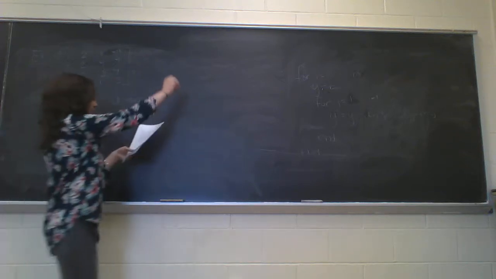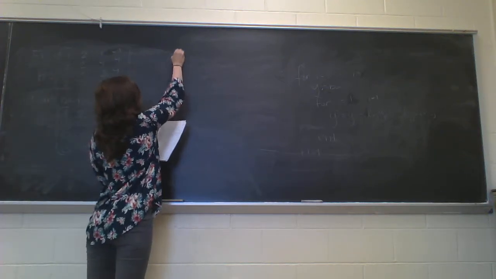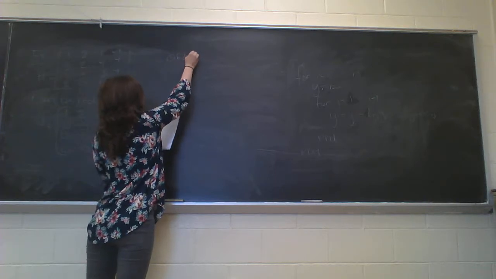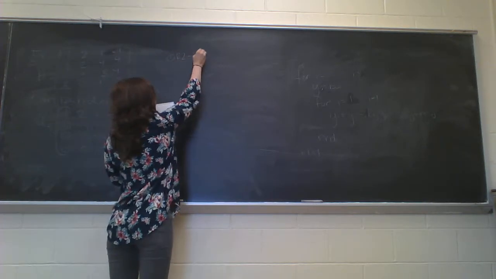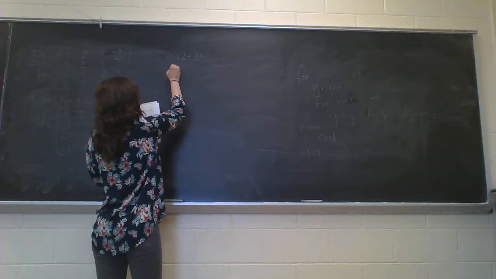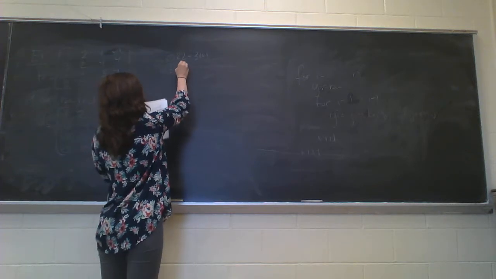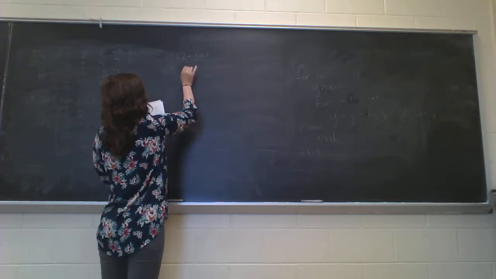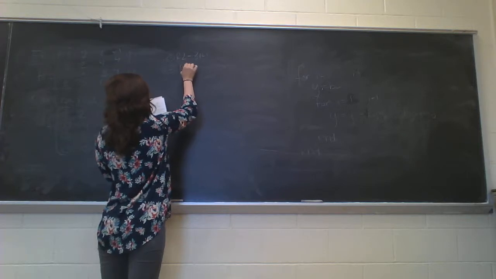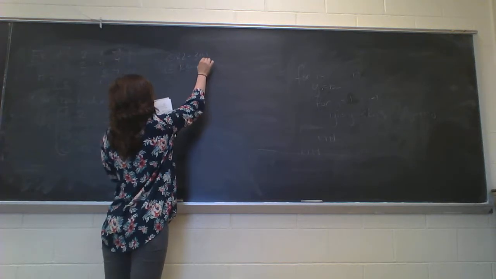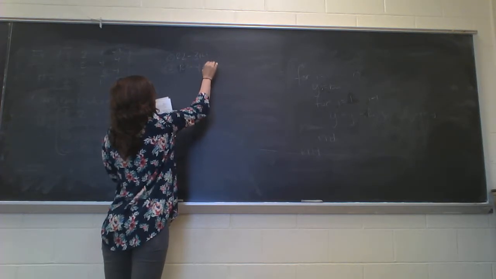And the operations that get us there is row 2 minus 3 times row 1. And these are important, so we need to list them in the order in which we applied them. So R3 minus 4 times R1.